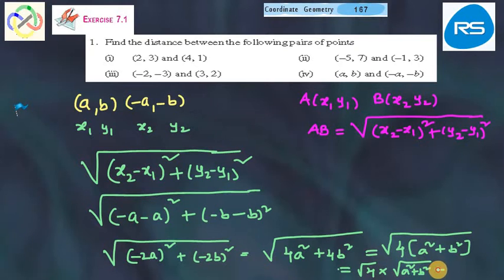At last, root 4 is 2, so the answer is 2 times the square root of a square plus b square. This is the ultimate answer we arrived at. As simple as that, just learn the formula by heart. The formula is also very simple: the difference between x coordinates square plus the difference between y coordinates square, under root. So this is all about the sum.